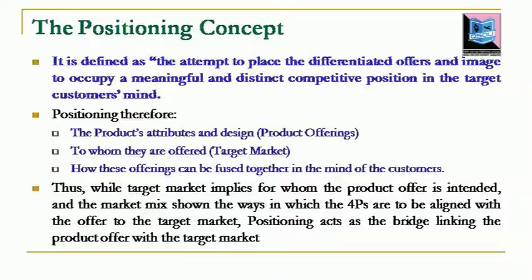So this is all about positioning: positioning the benefit of that product in the mind of the customer. I will give you some examples, as already there in the PPT.